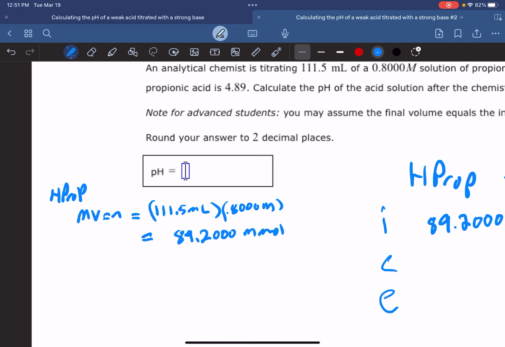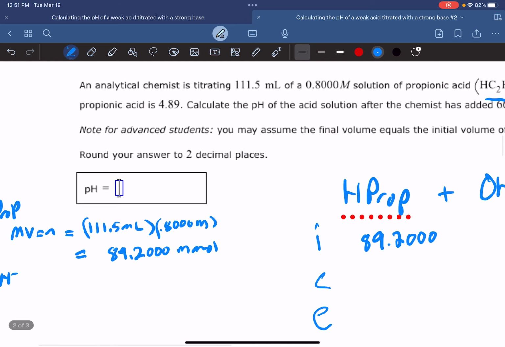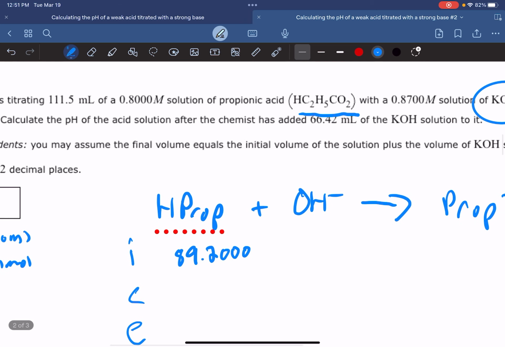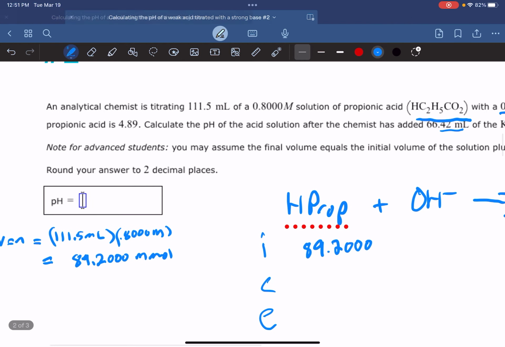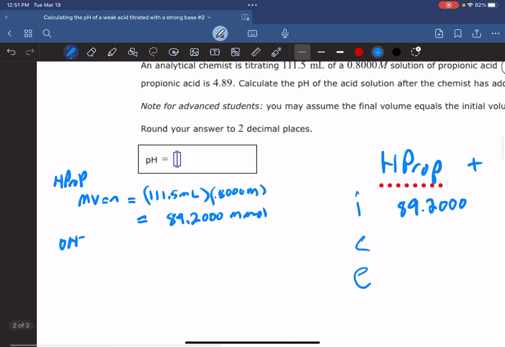Let's do the same thing now for our OH minus. What do we have for OH minus? We have 0.87000 molar, and we have 66.42 milliliters. So when we plug those in, again, our molarity times volume equals our moles. And I'm going to do it the correct way right now: 0.8700 molar times 66.42 milliliters.